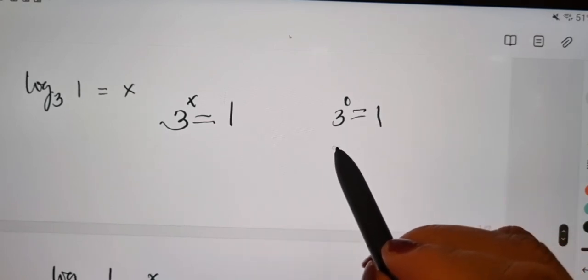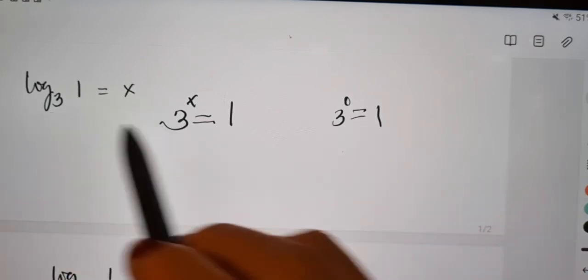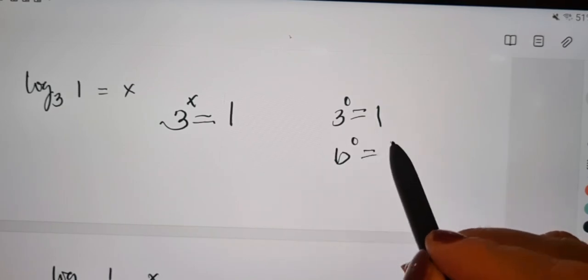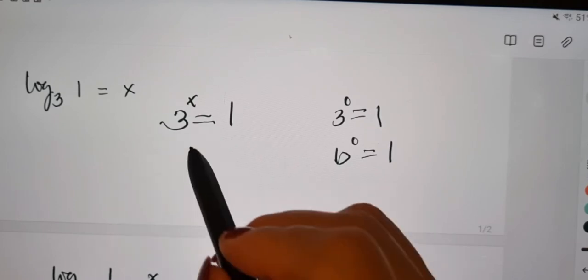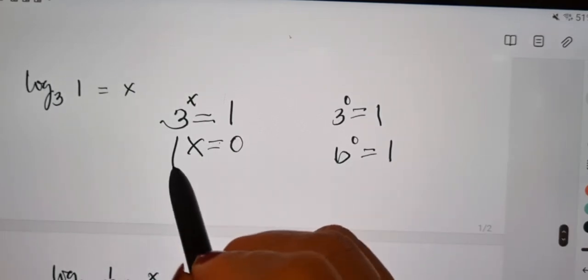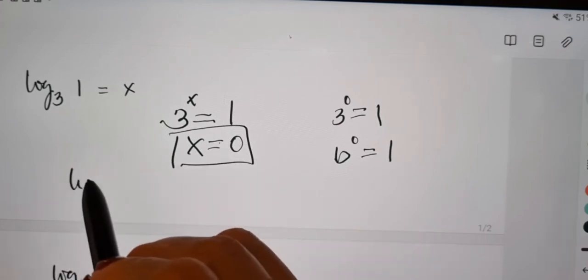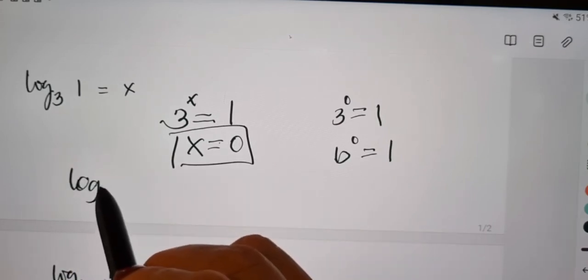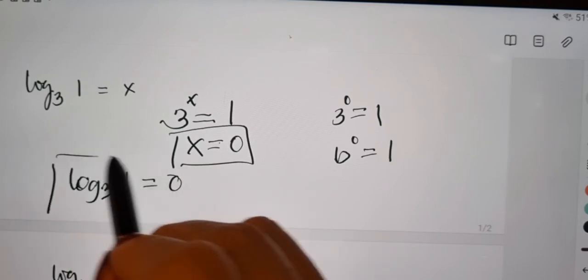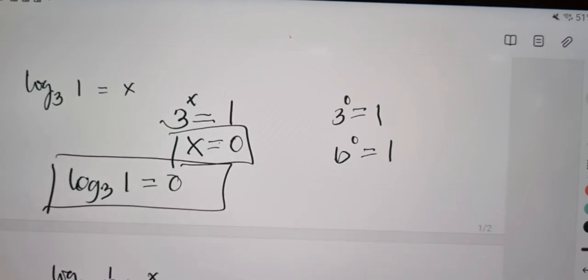Actually, any base here, if base is b, raised to 0 is equal to 1. So, x here is equal to 0. It means that log base 3 of 1 is equal to 0. Ang exponent daw ng base 3 para siya maging equal sa 1 ay 0.